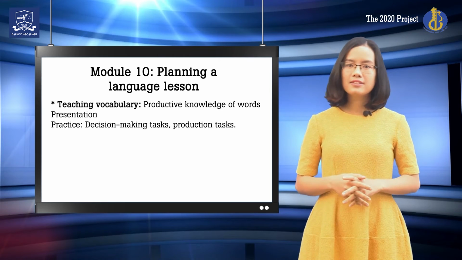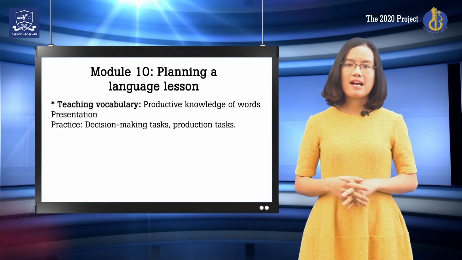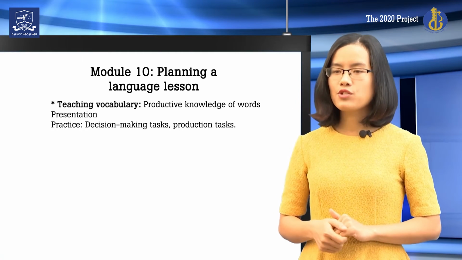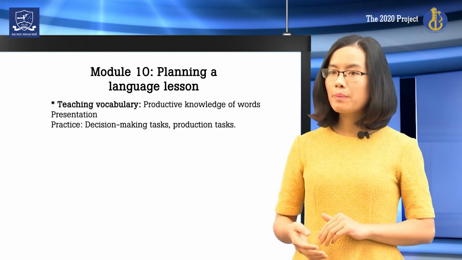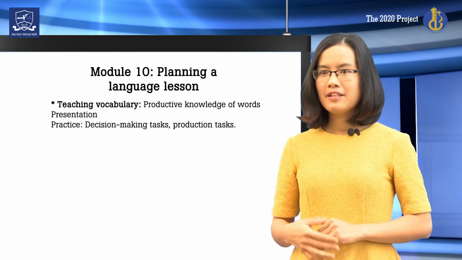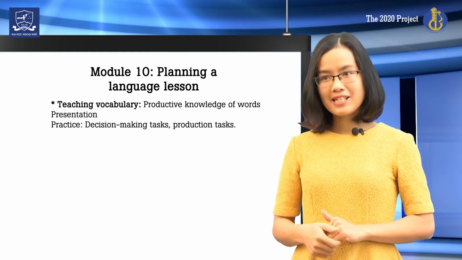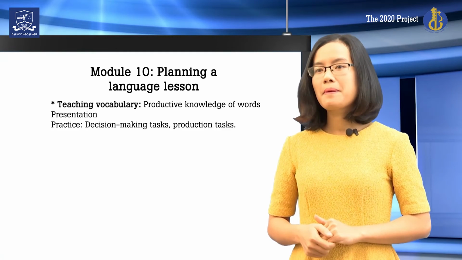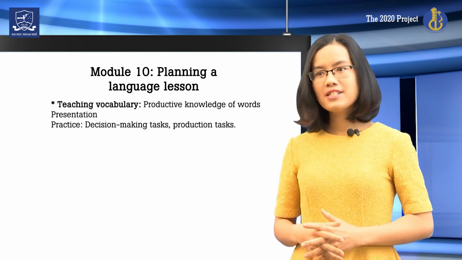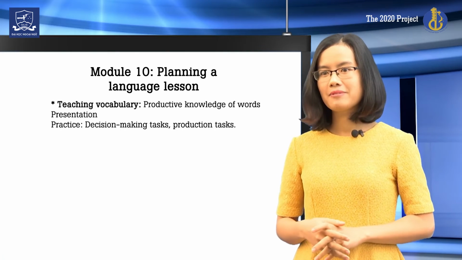In order to do this, various things need to be done. In presentation, in order for students to understand both meaning and form, the teacher can use a variety of ways to present, namely using translation, real things, pictures, actions or gestures, definitions, or situations.